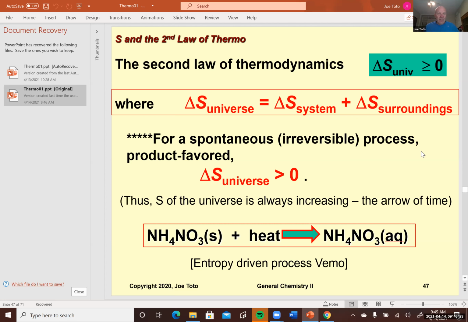Do you understand that? Yes. Okay. So what does it mean if I calculate that delta S and it comes out to be negative? That it's not favored and it wouldn't be spontaneous.